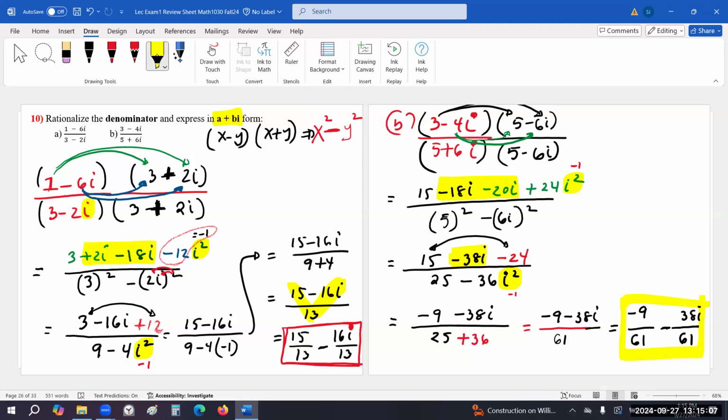Anytime you multiply imaginary numbers, i squared turns into a real number. You combine the real numbers, then you separate the fraction again. Sometimes when you separate them, it's simplifiable. You can simplify. If you cannot, then you don't.